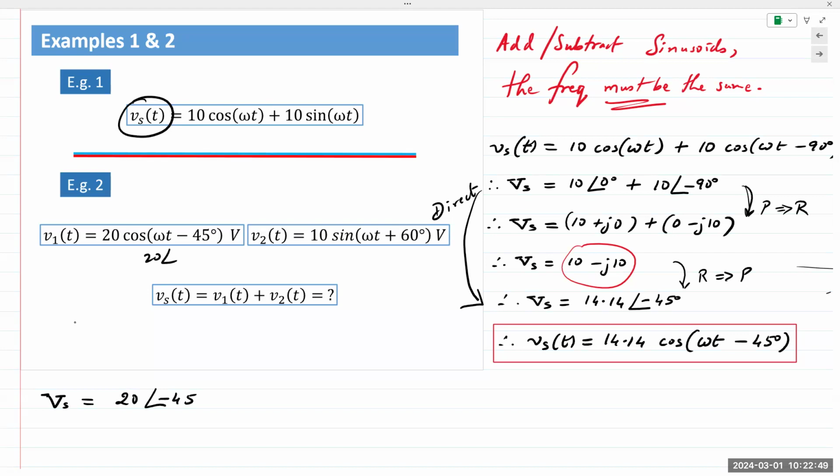And then this expression becomes 10 cos of omega t plus 60 minus 90, and so this becomes minus 30. So V1 of t is 20 with an angle of minus 45. Second one is magnitude 10 with a phase angle of minus 30.